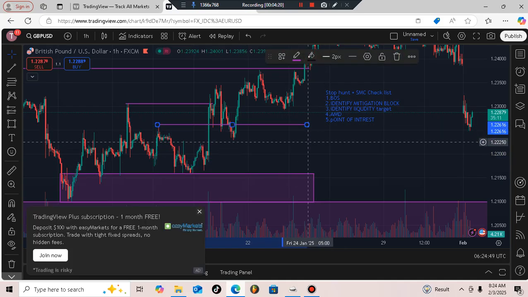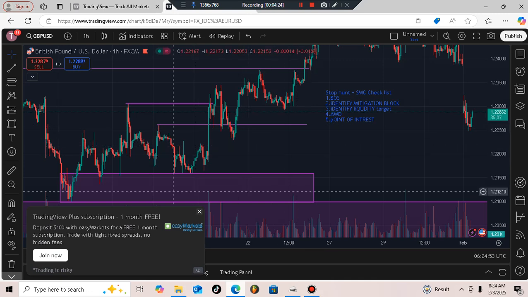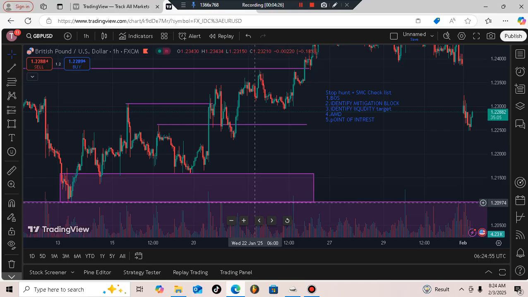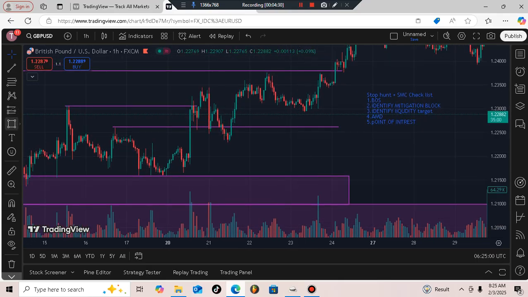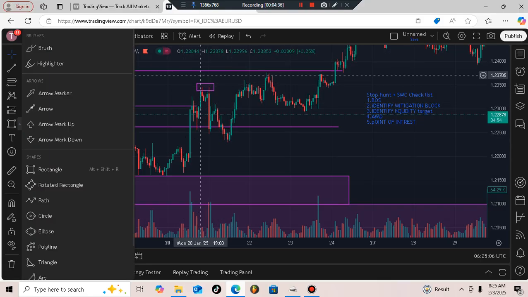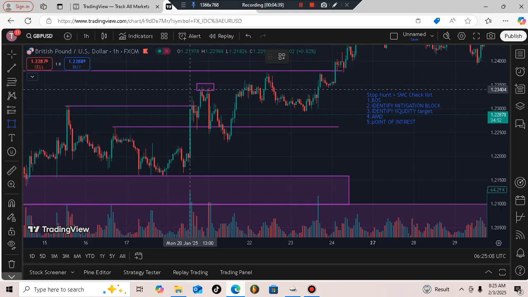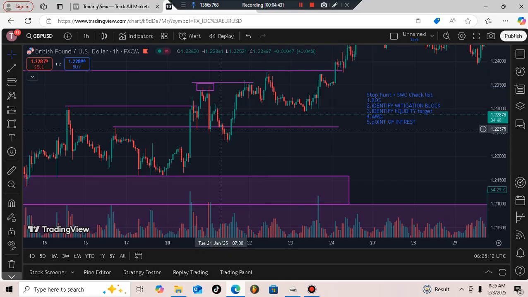Beautiful stuff. Next, we start looking for liquidity targets. Now, if we zoom in right there, we can already see that there were people who saw this as a peak formation high. So they probably traded that and put their stop losses probably there on top. Very nice stuff there. Liquidity target 1.